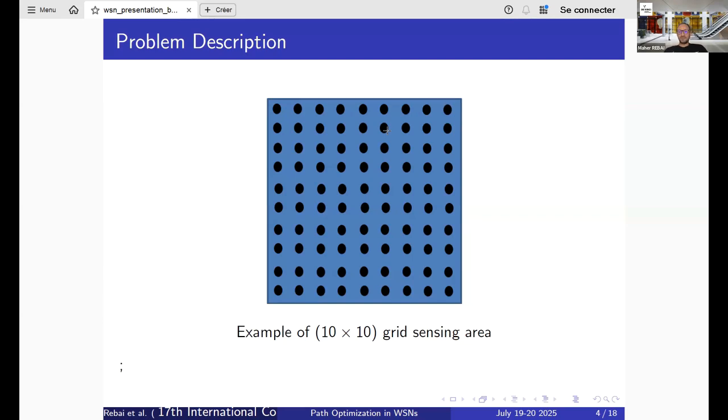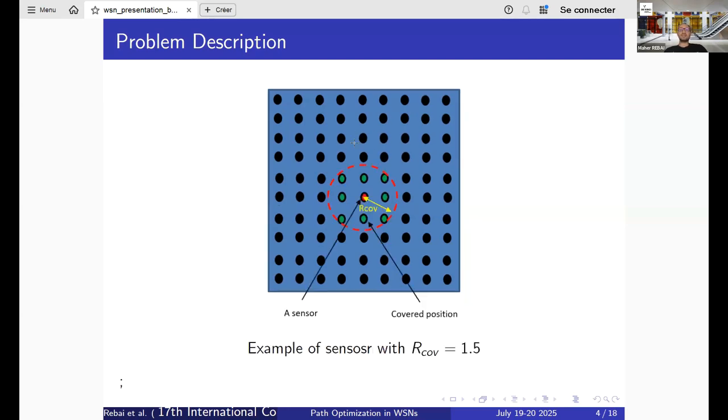So in this sensing area, we can deploy sensors, and each deployed sensor can cover all the grid points that have a distance less or equal to its sensing range, as it is presented in this figure.